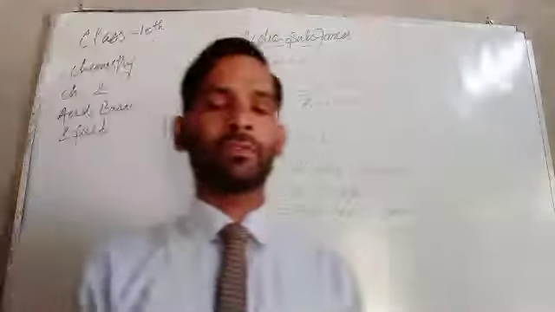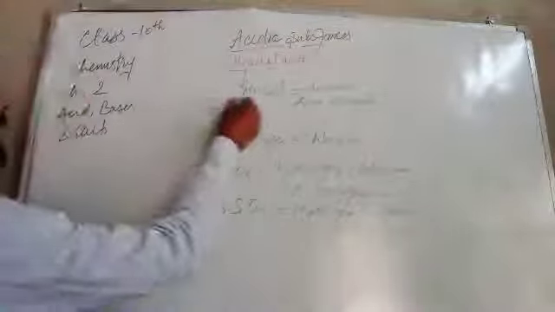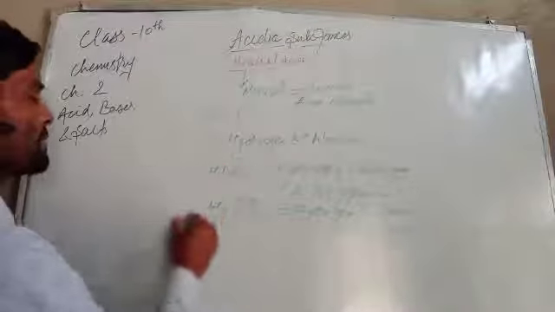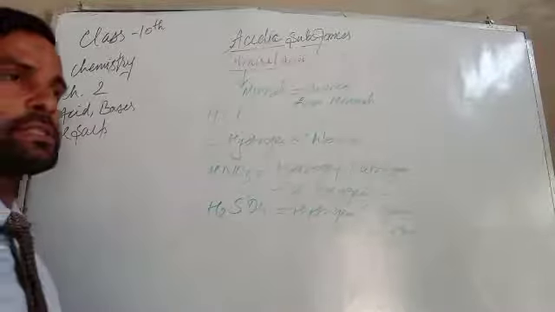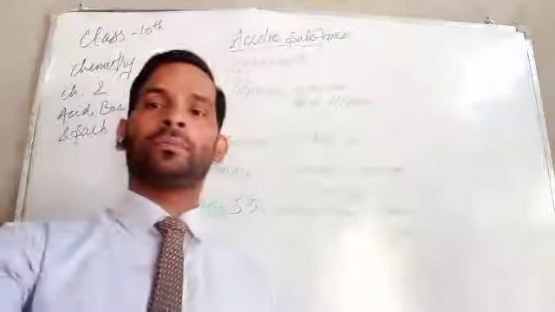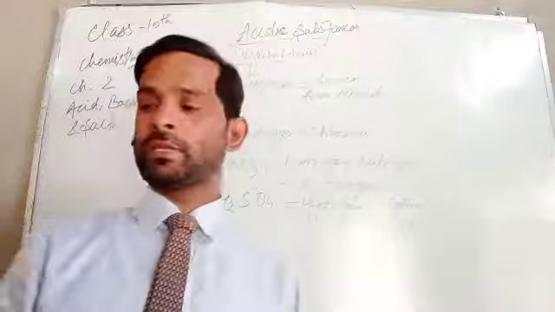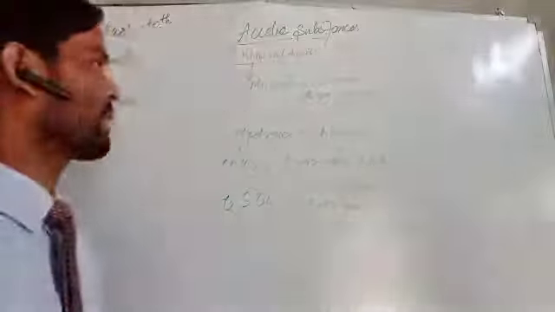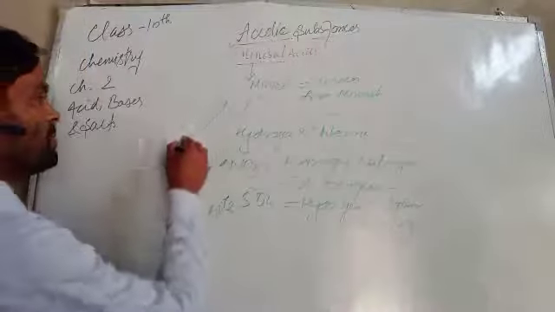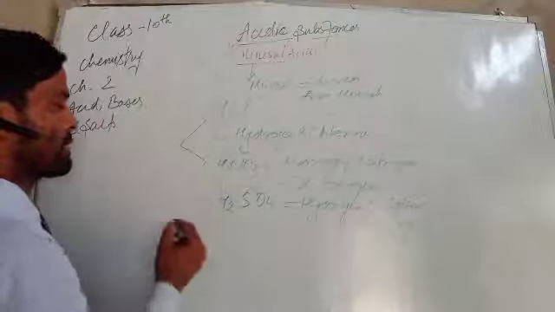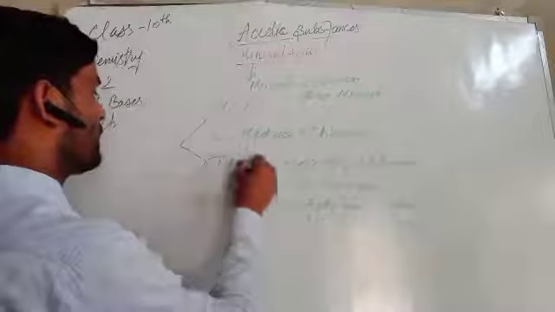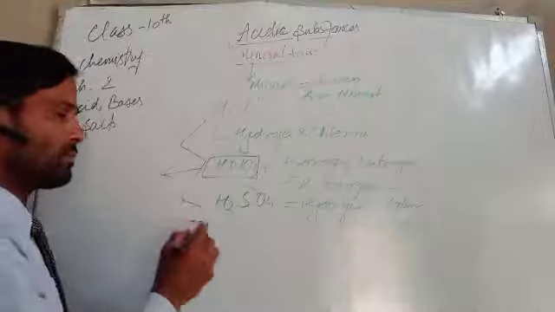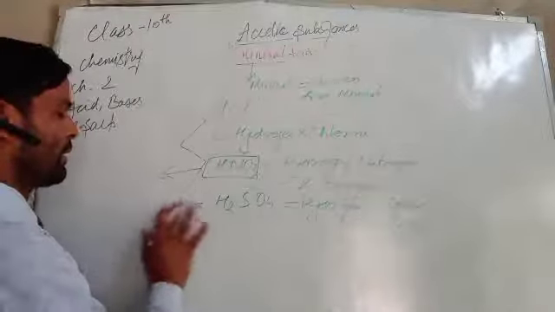We use a number of acids in our daily life, but this type of acid can also be used: hydrochloric acid, nitric acid, sulfuric acid. These acids are called the mineral acids, and they are mostly used for cleaning purposes. Here is nitric acid, sulfuric acid.